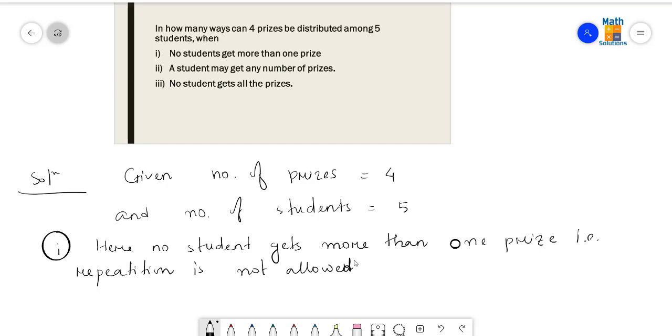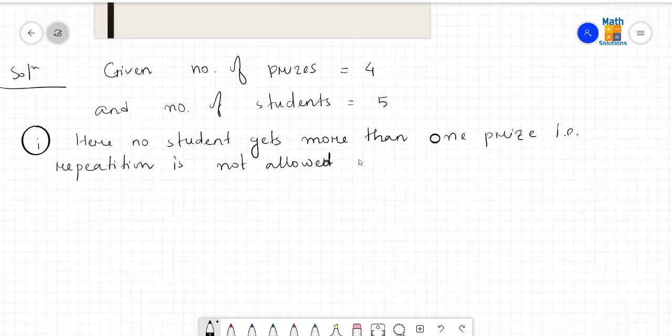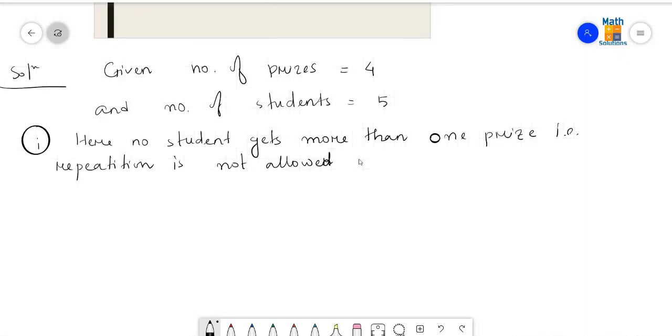We have to frame one table like in earlier cases. So here goes the table. How many blocks we have to make here? There are 4 places. Actually 4 prizes are there. So the first place is for the first prize, second one for the second prize, third prize, then fourth prize.